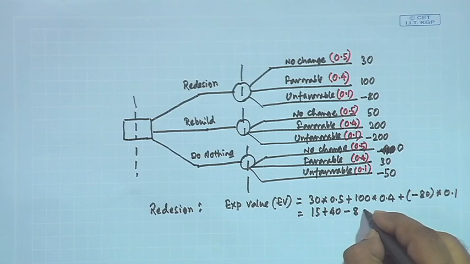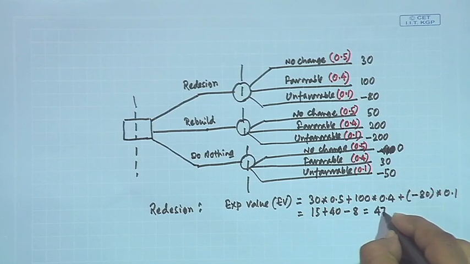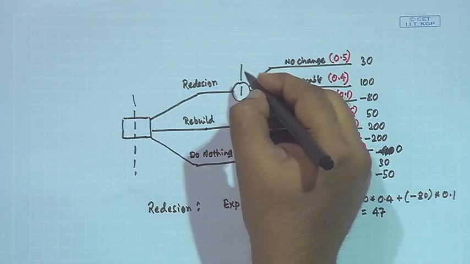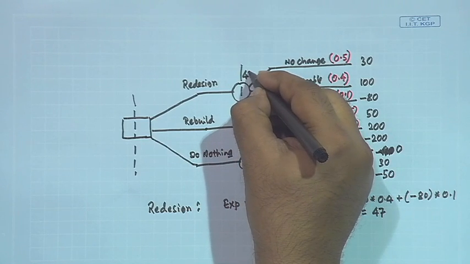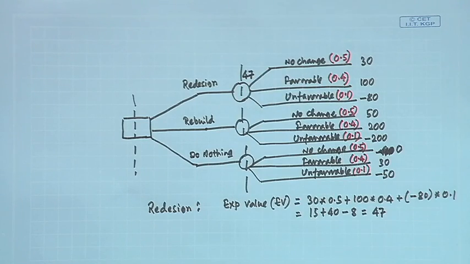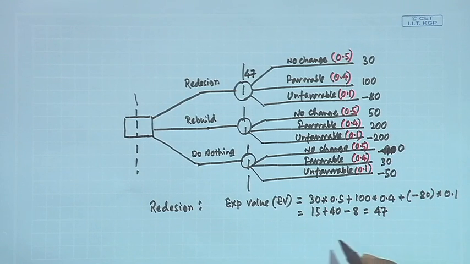So, 55 minus 8 equal to 47, right. So, we write 47 as the expected value here, right. 15 plus 40, 55 minus 8, 47.